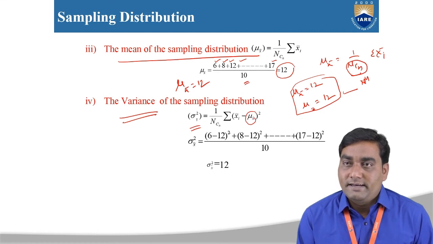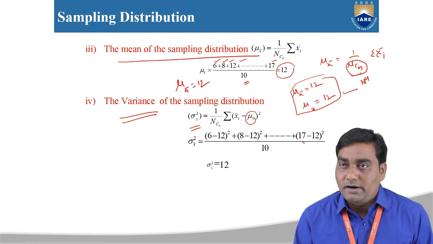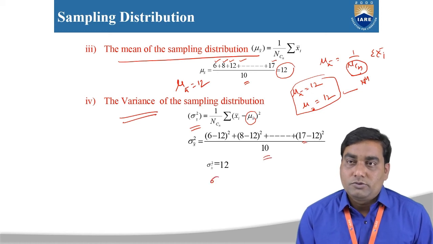That means 6 minus 12 whole square plus 8 minus 12 whole square, and so on. The last xi bar is 17 minus 12 whole square, by NCn. So sigma square x bar equal to 12.